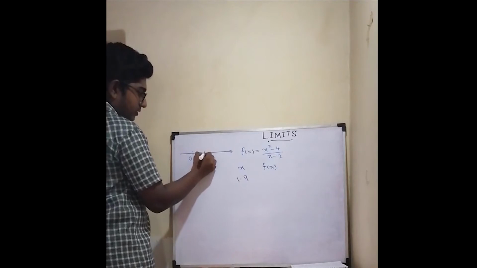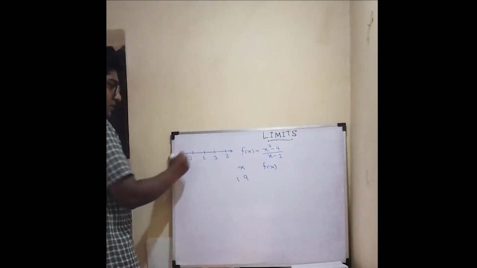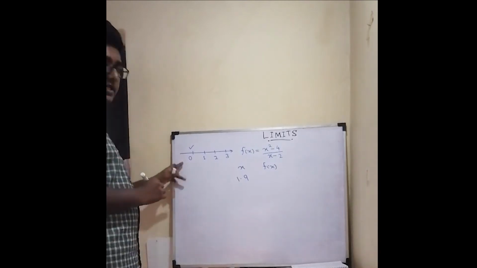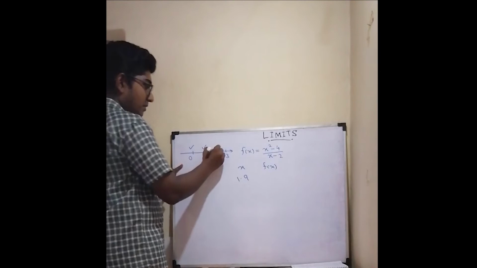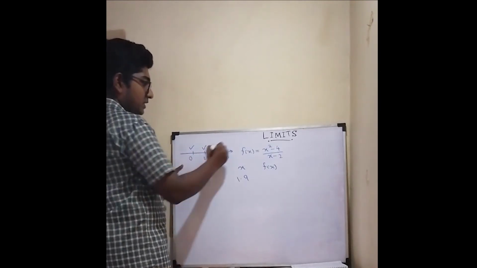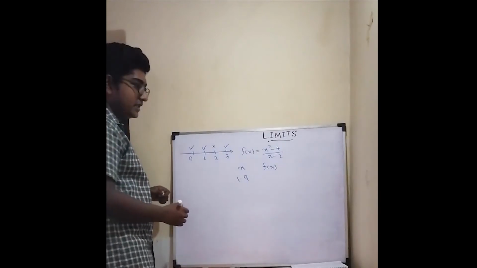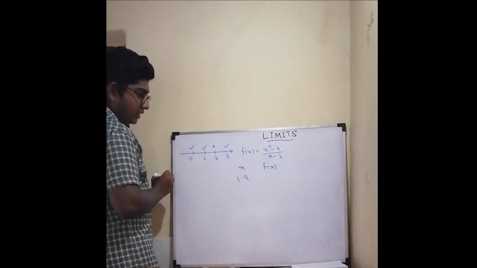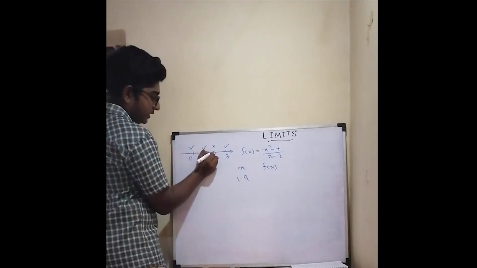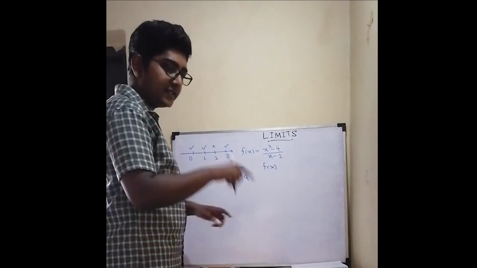This is 0, this is 1, 2 and 3. For 0, that means when x equals 0 I got an answer. For 1 also I got an answer, but 2 no answer. For 3 also we can get an answer. Substitute just 3, you can get an answer. Now I am going to substitute 1.9. That means a decimal value which is closer to 2, not exactly 2.